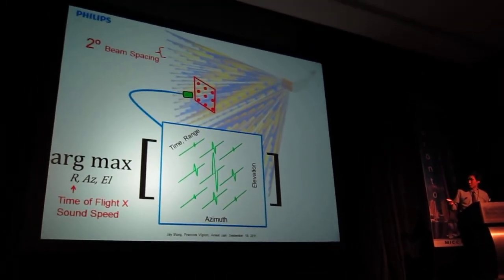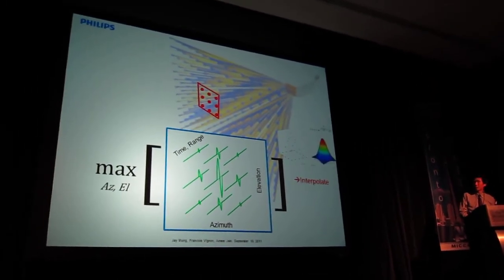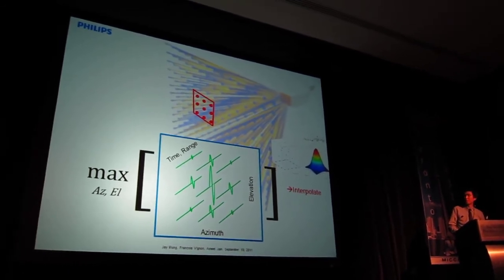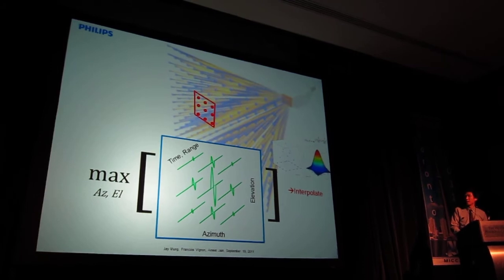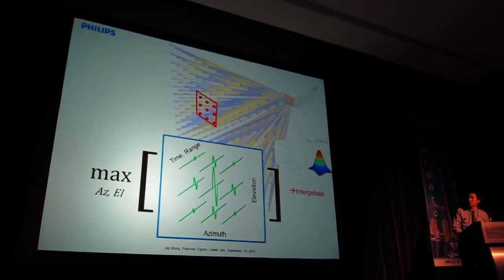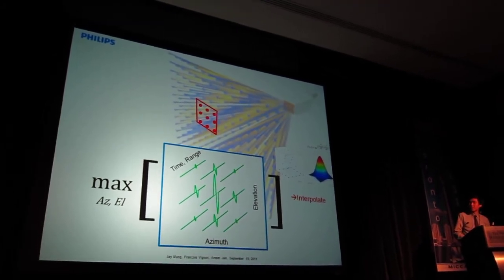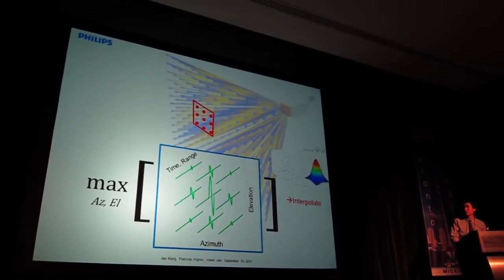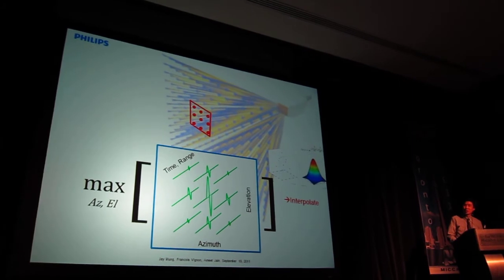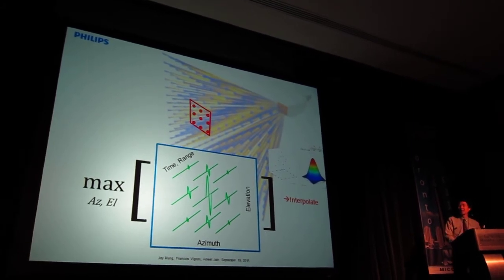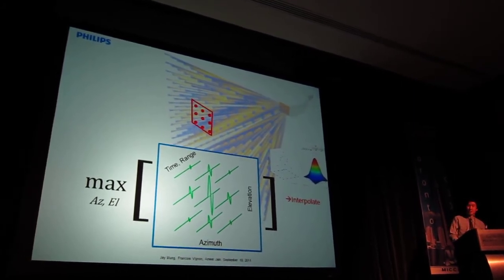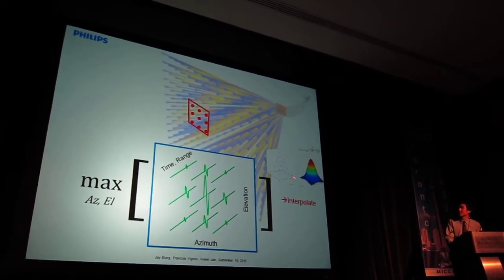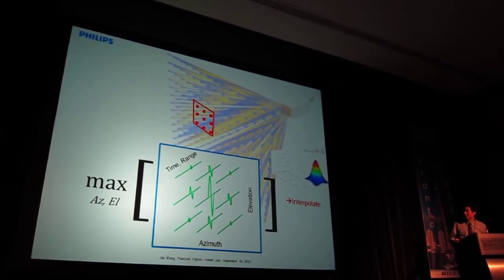So what we can do is take the actual signal magnitudes and interpolate a new, finer map to give us a finer estimate of the location. Methods for interpolation include cross-correlation and center of mass, but what we used is a 2D Gaussian fit, and that's a picture of the Gaussian fit right there.